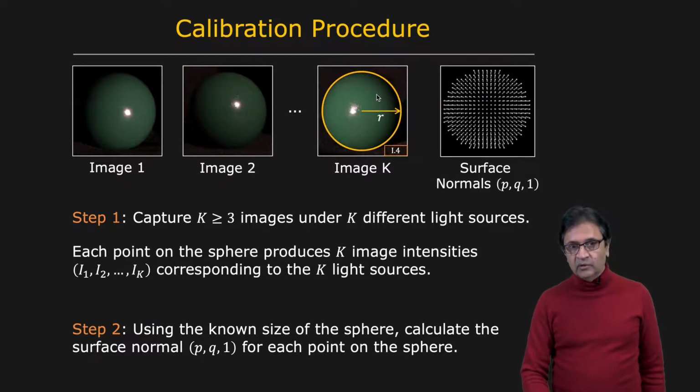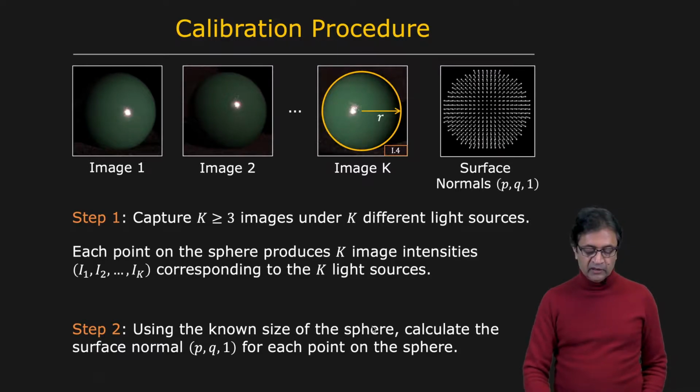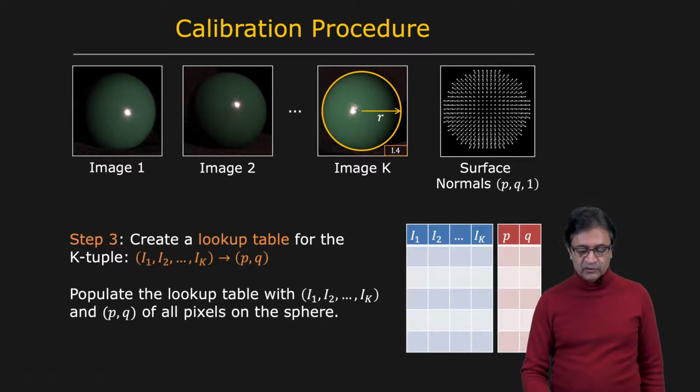You can go to any point in this image right here on the sphere, and you know what the surface normal at that point is. And that gives you the surface normal map right here. So now you have a mapping between intensity values measured in these images to surface normals on the sphere itself. So using the known size of the sphere, we calculate the surface normal (p, q) for each point on the sphere. This whole process is the calibration process.